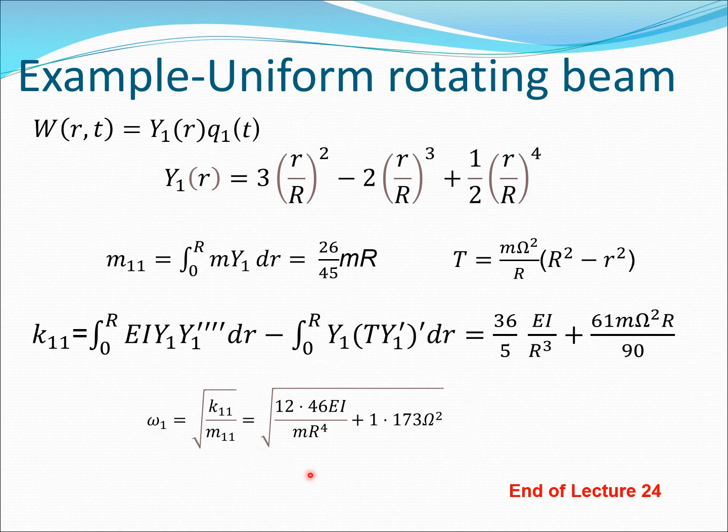Now here you can clearly see that if rotation speed is 0, then you get an expression similar to what we obtained for the exact solution for the non-rotating beam. So it is EI by mR^4. So dimensionally we are completely fine. And you have here 12.46 EI and 1.173 into rotation speed squared.